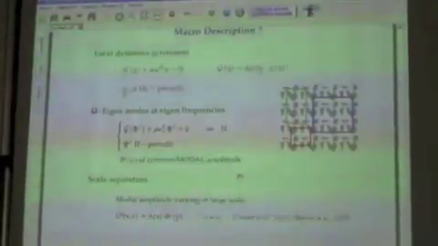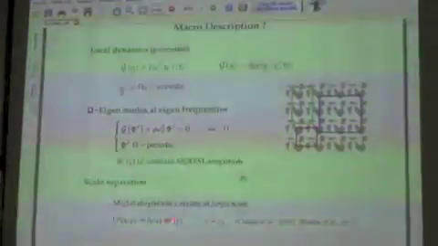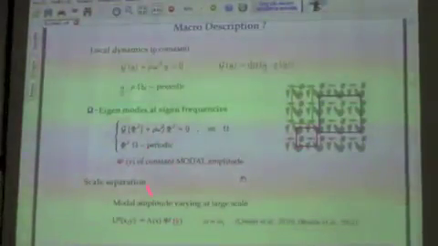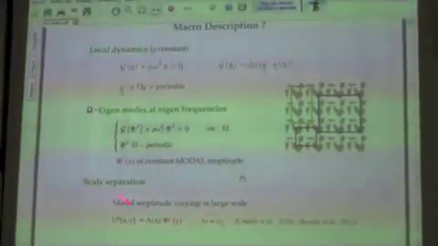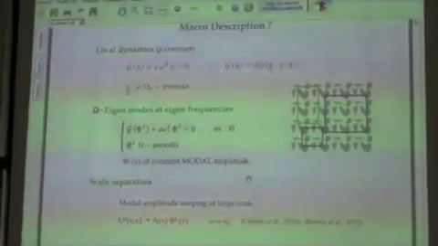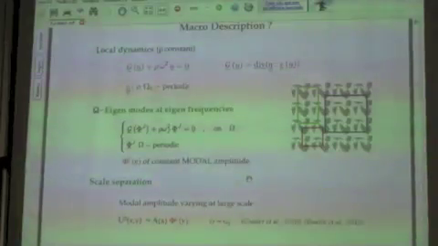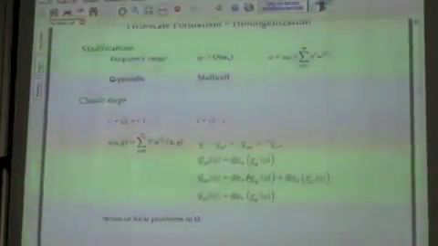So this means that obviously if this varies at large scale, this is not the exact solution, and this means that we look at what happens not at this exact frequency but around this frequency. And this idea has been suggested and studied by Craster, in the paper of Craster, Kaplunov and Pichugin.